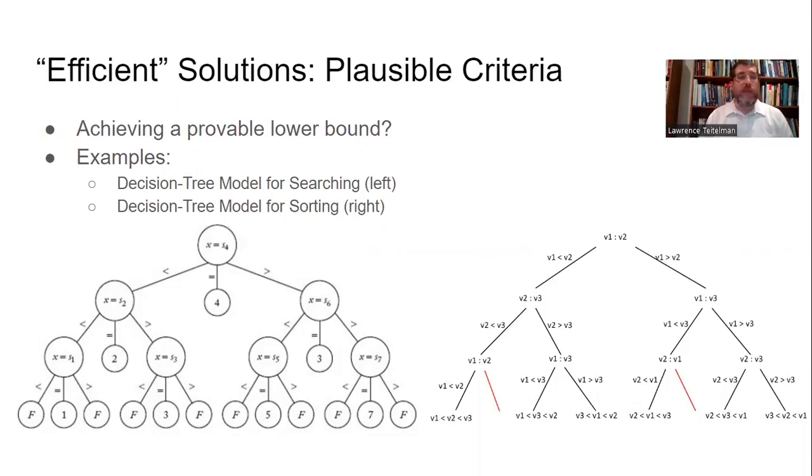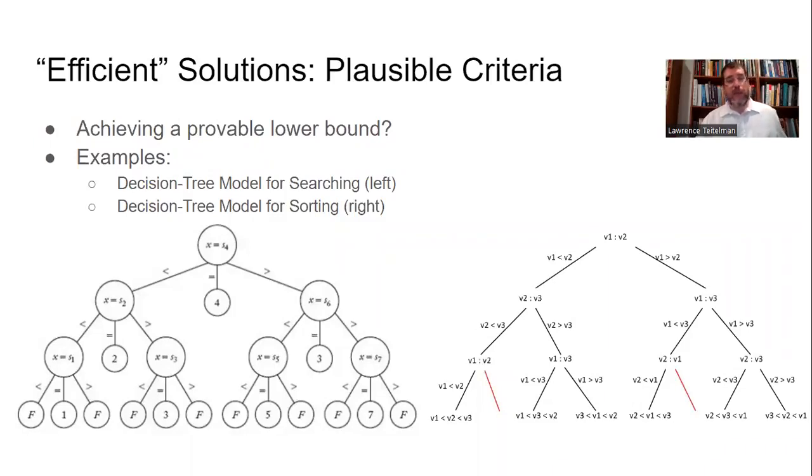So one possibility is to say that if we know the problem has a lower bound, ignoring any particular algorithm, and we can get that or close to it, then that means it's a good solution.